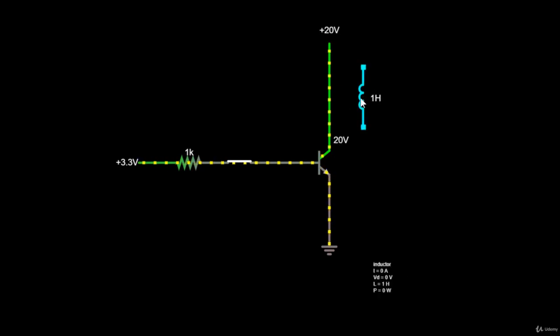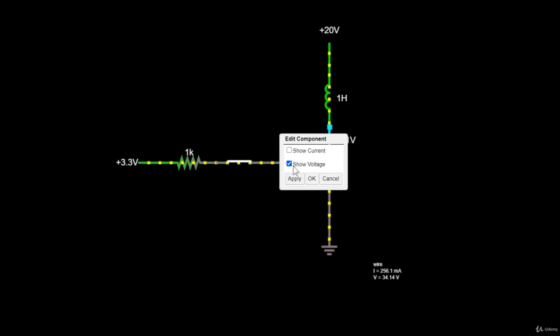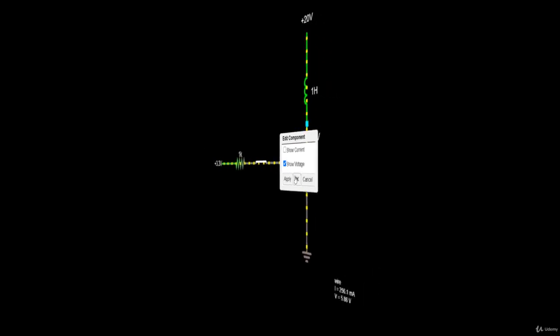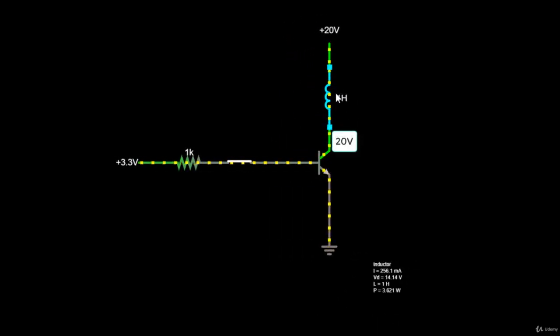We know that over time the voltage drop across the inductor decreases to 0, so practically there should be 20 volts here. And I forgot to mention that if you want to check the voltage with respect to ground on a piece of wire, just double click on it and click show voltage. So everything is good, the motor is spinning, and there's 20 volts on the collector of the transistor.